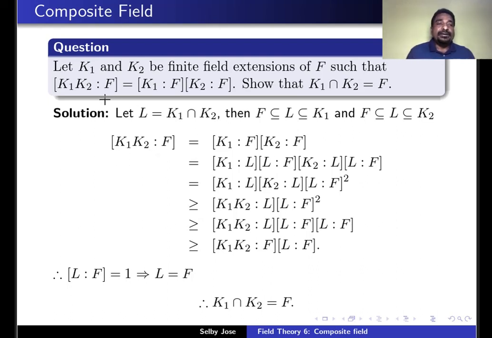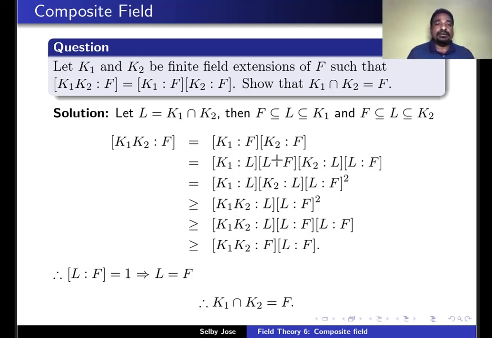By the hypothesis, the degree of the extension K1K2 over F is equal to the degree of K1 over F times the degree of K2 over F. Because L is a field in between F and K1, and also in between F and K2, we can write the degree of K1 over F as the degree of K1 over L times the degree of L over F, and the degree of K2 over F as the degree of K2 over L times the degree of L over F.